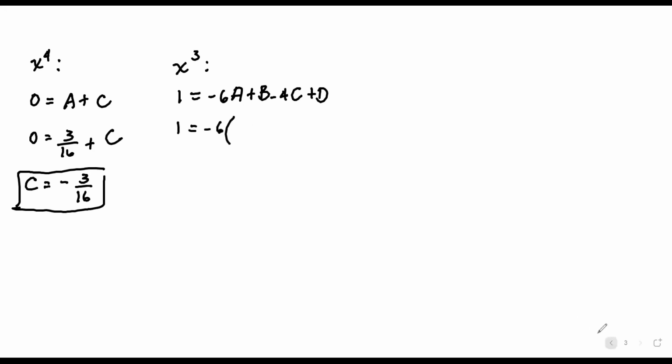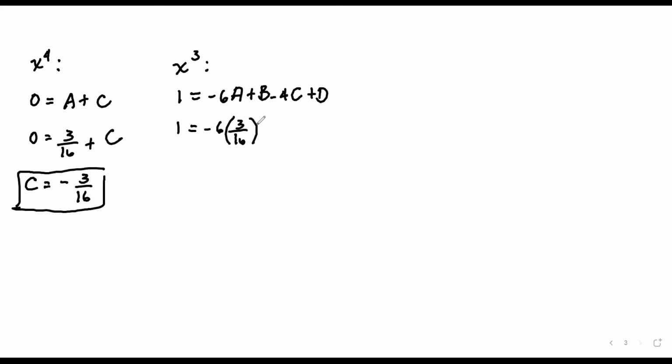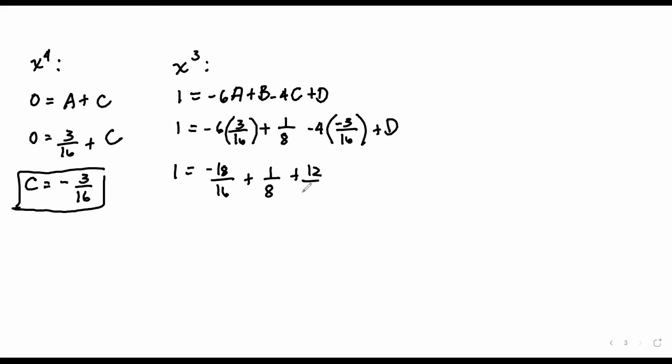The value of A is 3 over 16, plus B is 1/8, minus 4 times C, which is negative 3 over 16. We don't know the value of D. So simplify: 1 equals negative 18 over 16 plus 1/8 plus 12 over 16 plus D.